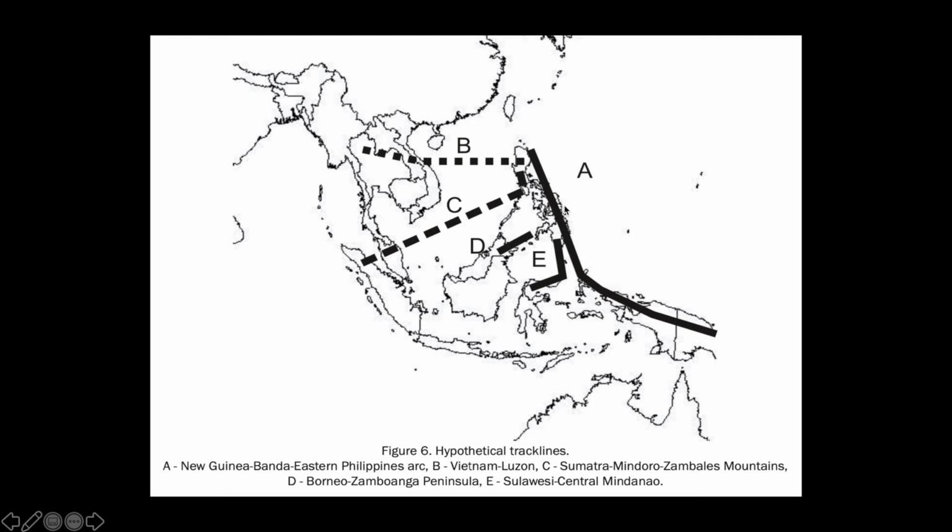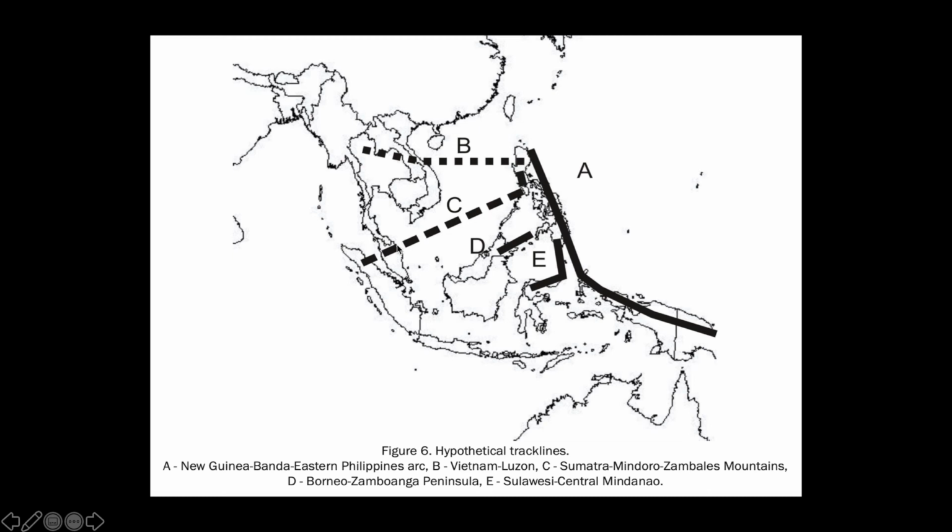So that's a very strong track line or migration route. We also have a route, not much of a strong route, from Vietnam to Luzon, and also a route from mainland Asia, Formosa, to Luzon too.